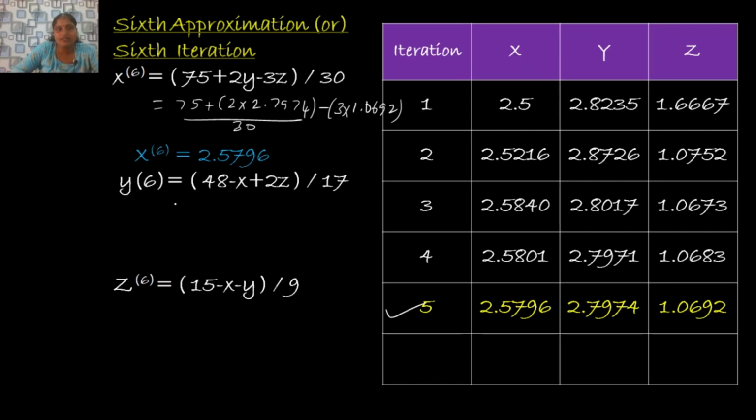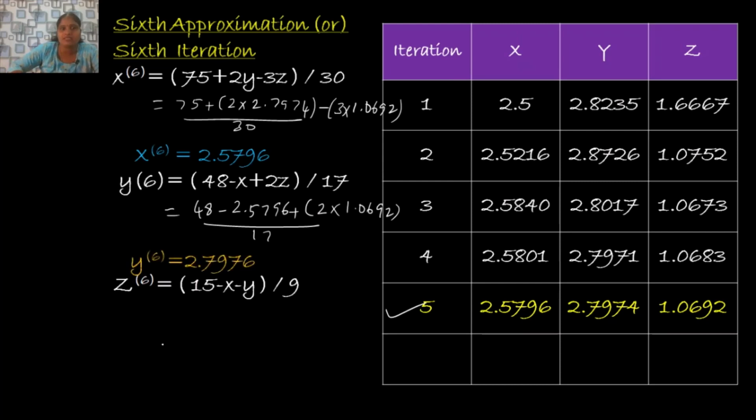Next we calculate the value of y. 48 minus x value 2.5796 plus, within parenthesis, 2 product z value 1.0692, and you divide this by 17. You get the value of y as 2.7976.